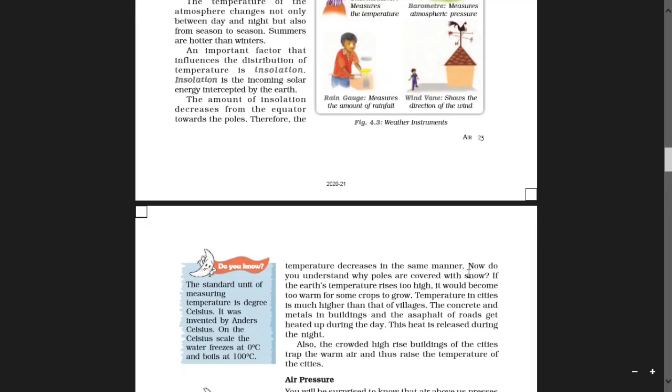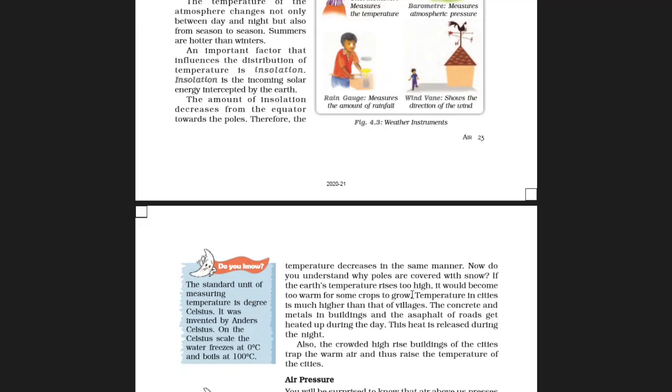Now you understand why poles are covered with snow. If the Earth's temperature rises too high, it would become too warm for some crops to grow.